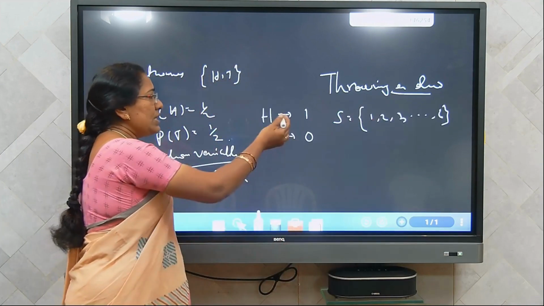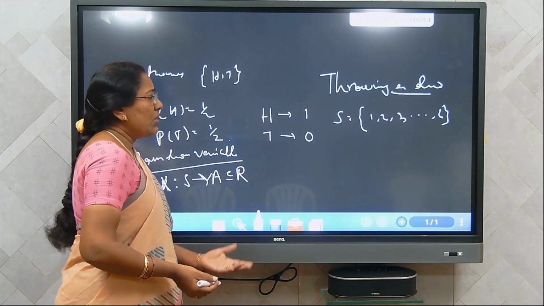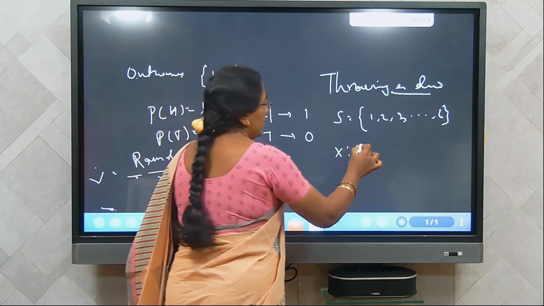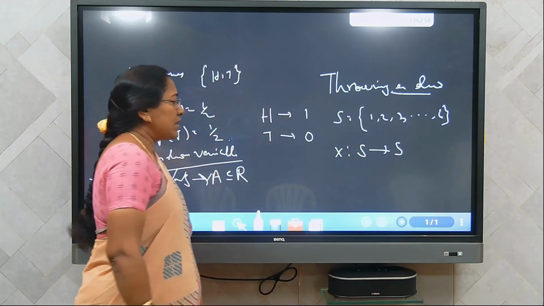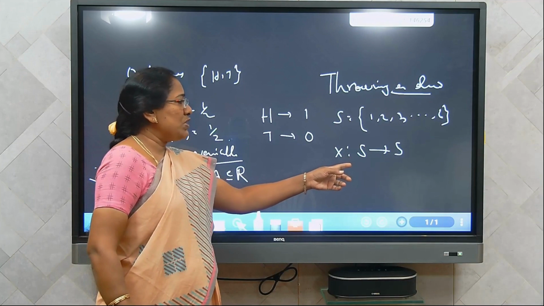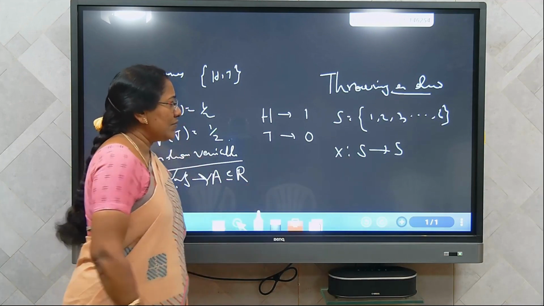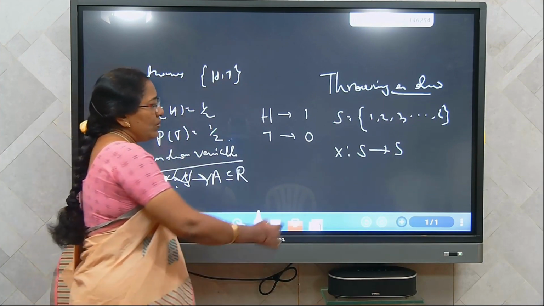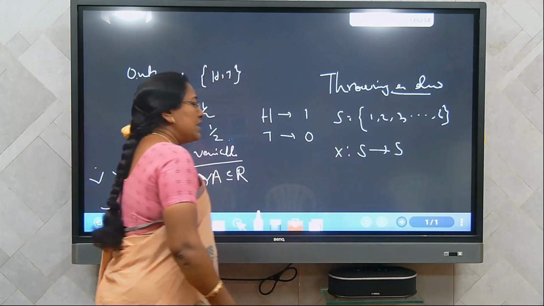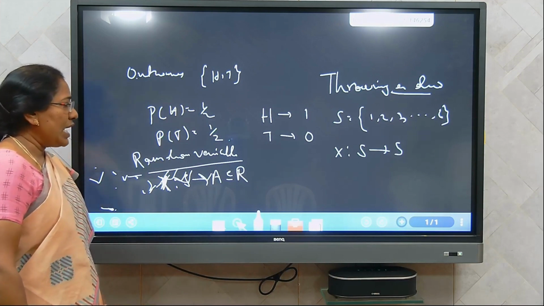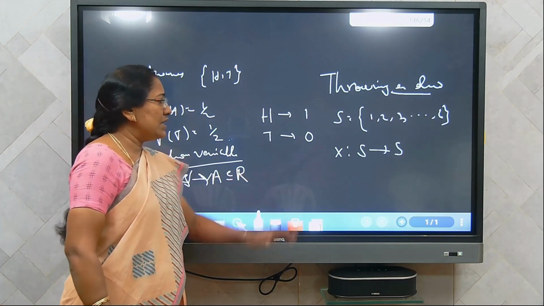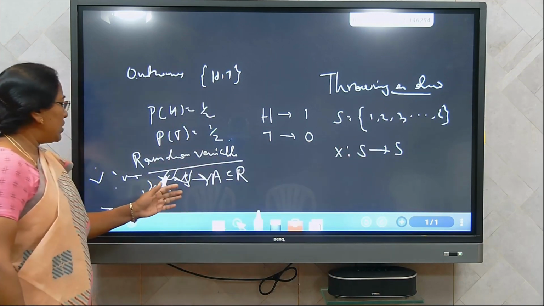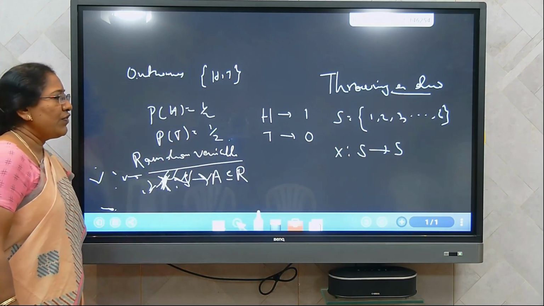Here, though these are numbers, we can use them as usual, or we can assign a random variable from S to S. Here we are assigning the sample space S to the same sample space S, because these are numbers, so we can keep this as such, no problem. So here X defines a random variable. X is a random variable and it is nothing but a function from the same space S to S. Here S and A are different.